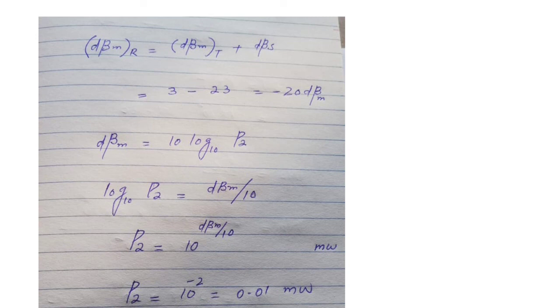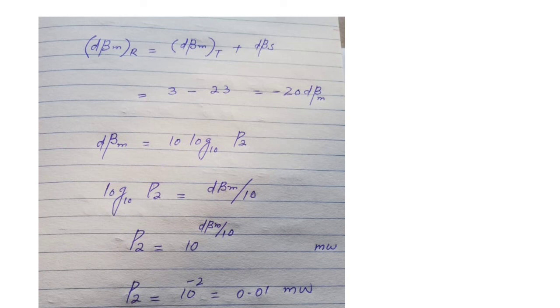And we know how we calculate the dBm value of the output power. The dBm value of the output power will be equal to 10 log of P2. Let's say P2 is the output power. I play with this equation to calculate P2.